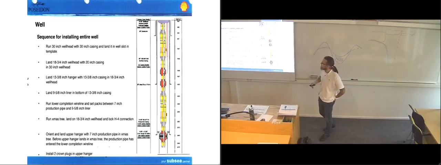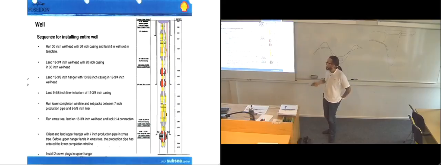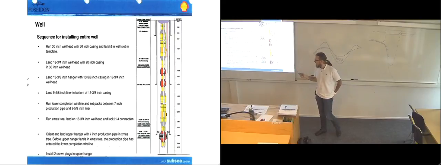And here's the sequence for when they were installing the entire well. So they ran the 30-inch wellhead first, landed it in the template. Then they do the next wellhead, landed it, and then several hangers and liners in it. Then they run the completion pack, where they make everything ready for the production piping.